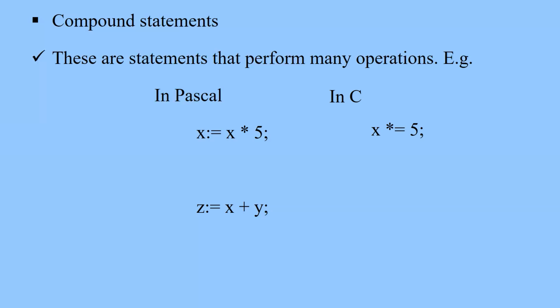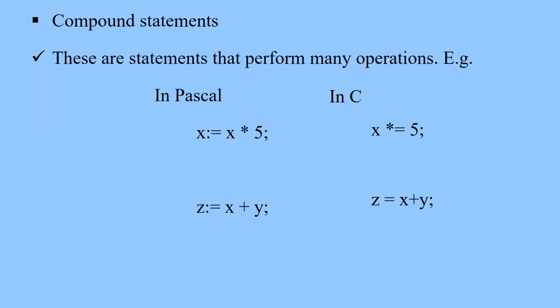The results you are going to get, you assign them back to the memory location called x. So this statement reads as follows. Get the content of the memory location called x, multiply it by 5. The results you are going to get, assign them back to the memory location called x.